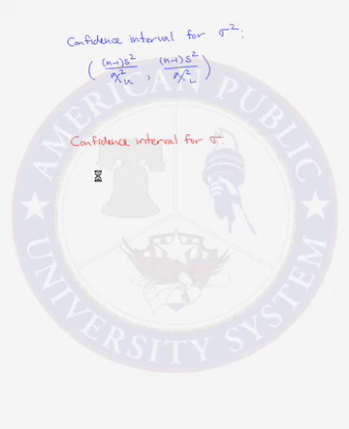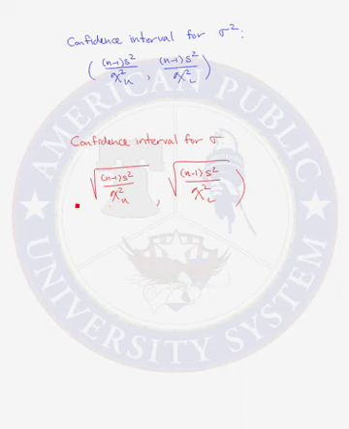So the lower bound for the confidence interval for sigma is the square root of n minus 1 times s squared divided by the upper critical value. The upper bound is the square root of n minus 1 times the sample variance divided by the lower critical value. So in either case, you can construct the confidence interval for the population variance or the population standard deviation.